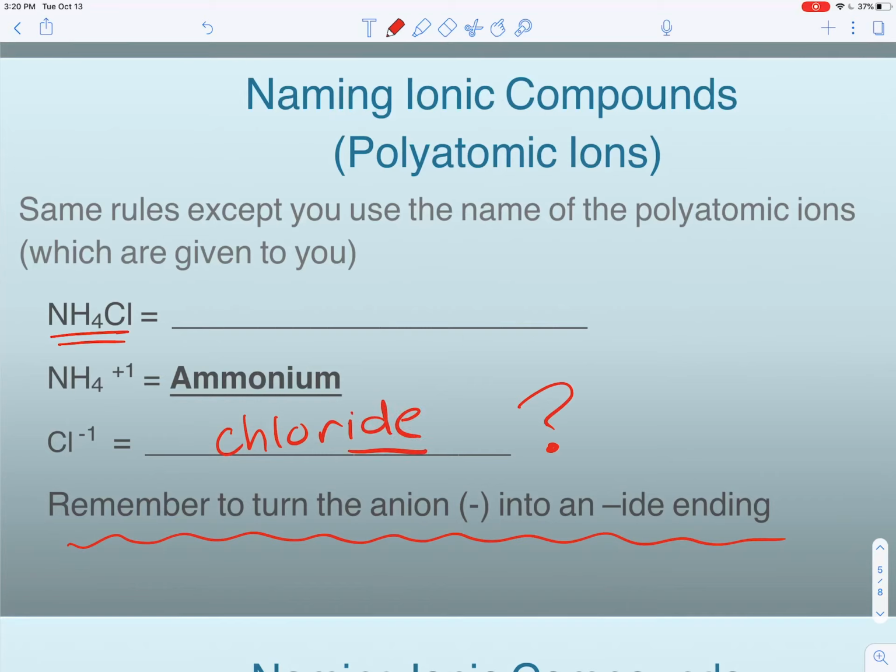Chlorine becomes chloride. And then now if we combine the two things here, what would our final answer be for the name of this compound? This would just be called ammonium chloride.